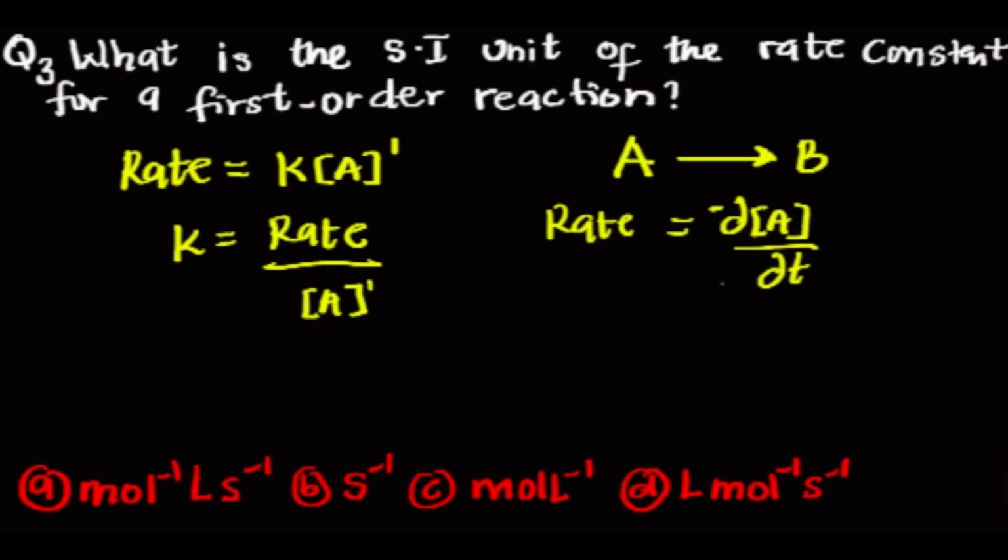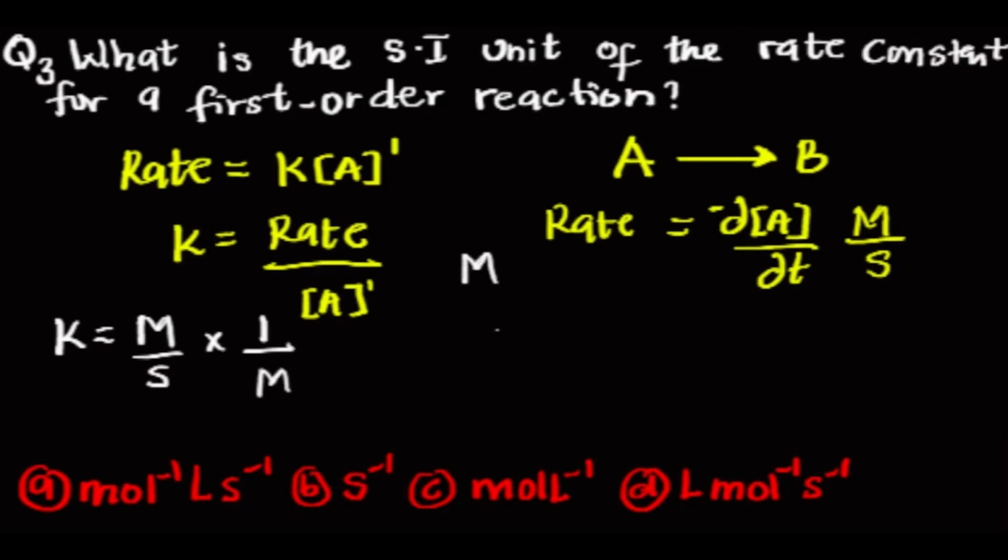So from there, this concentration that you are seeing here simply represents, let me simply say, the SI unit for the concentration of the reactant here is molar. Then we have time, that's seconds. That shows that for rate we have molar per second here. So I'm going to have K, which is going to be equal to molar over seconds, then multiplied by 1 over molar, because any concentration you either have in form of molar, or in form of mole per dm cubed, or in form of mole per liter.